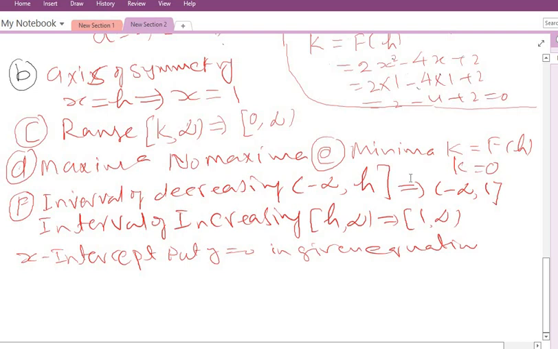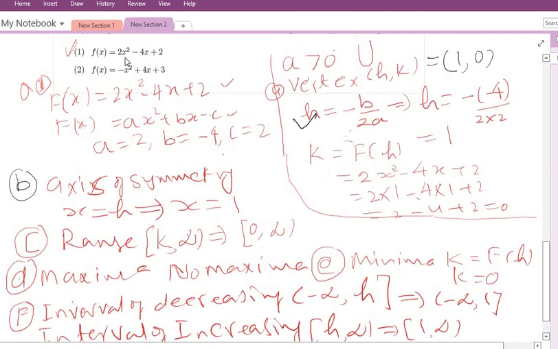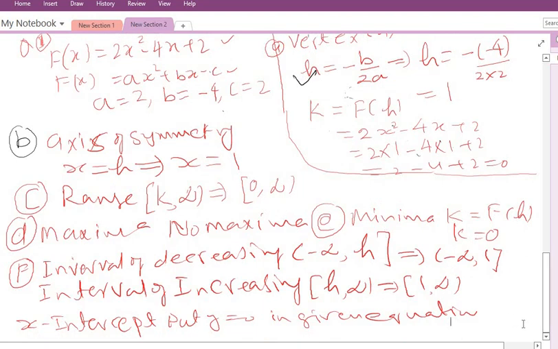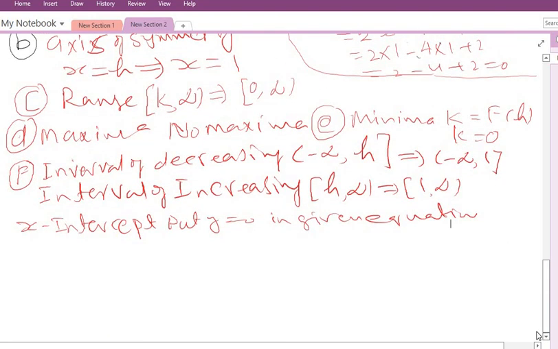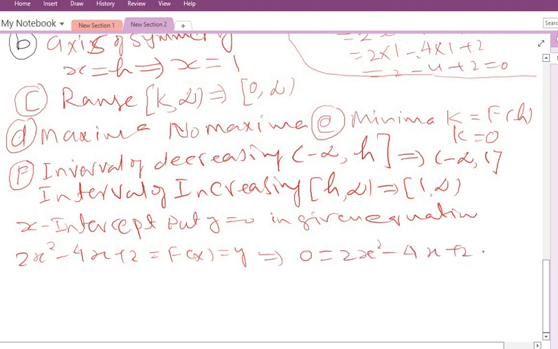The given equation is 2x square minus 4x plus 2 is equal to f(x), that means y. So put y is equal to 0: 0 is equal to 2x square minus 4x plus 2.